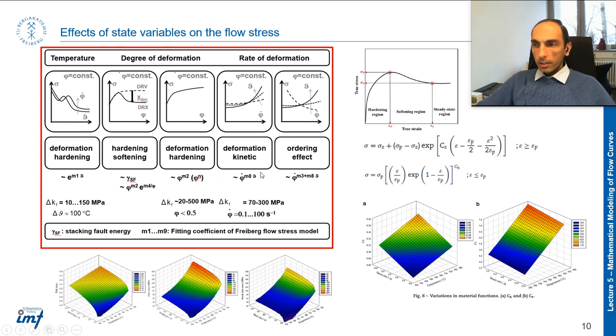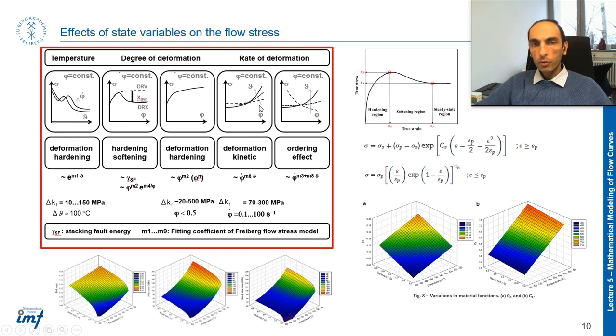And on the rate of deformation, or the strain rate, here you can see that by increasing the strain rate, the flow stress increases. Okay, and what's the effect of temperature at the same time?